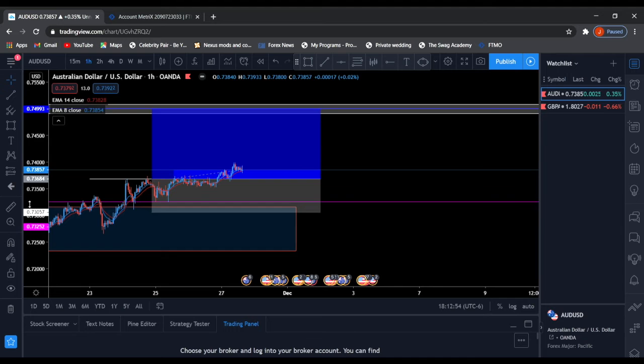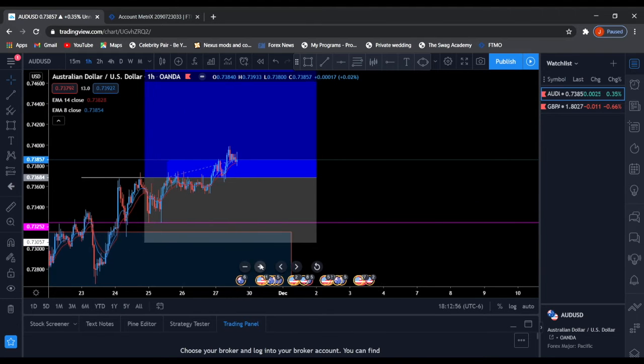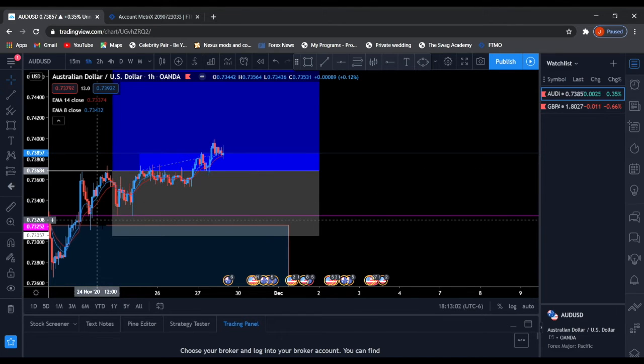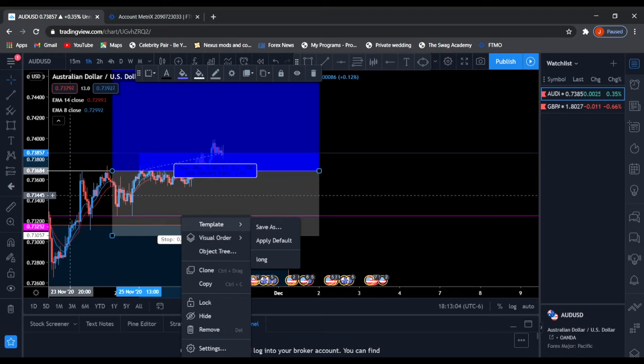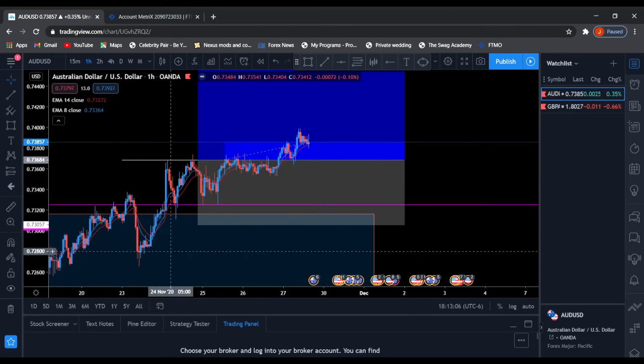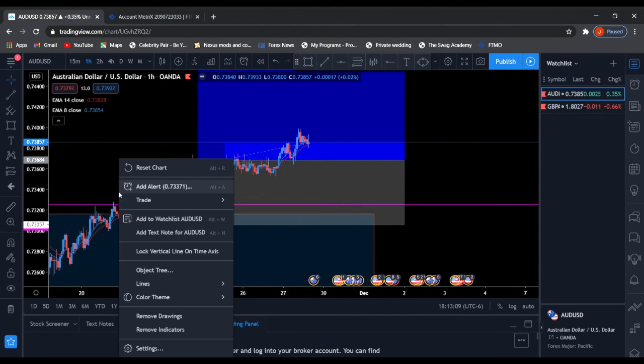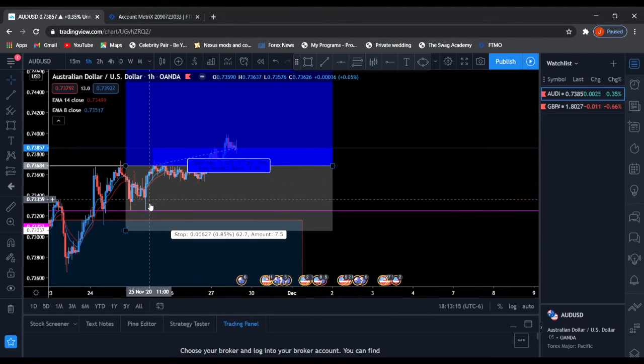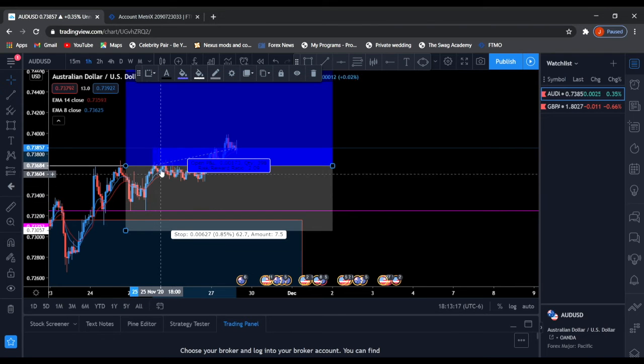And so that's why I intended it to go, but you can see it retested this. I drew on another daily resistance level right above the box. So it retested this box twice, and once it retested the second time, I actually entered in another trade.